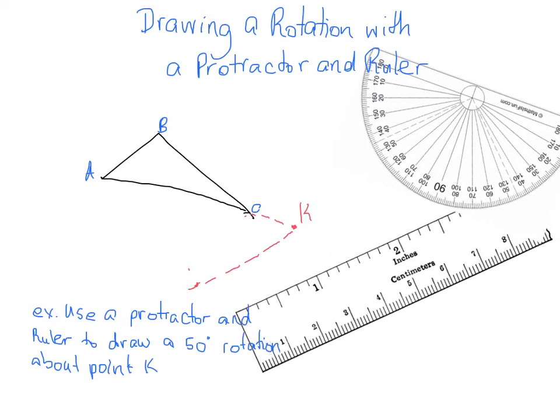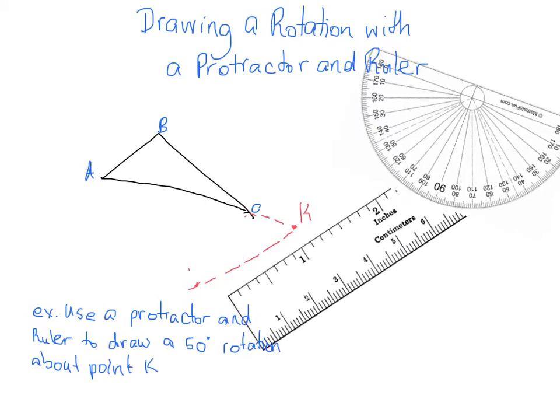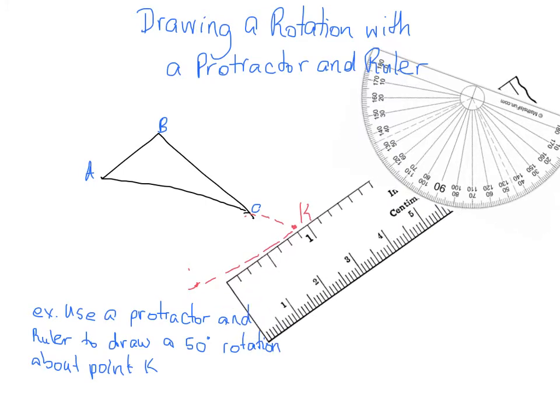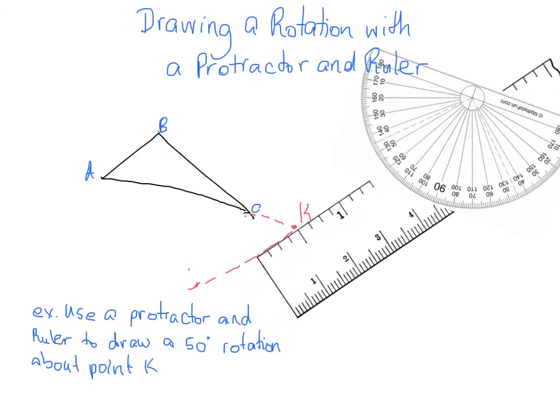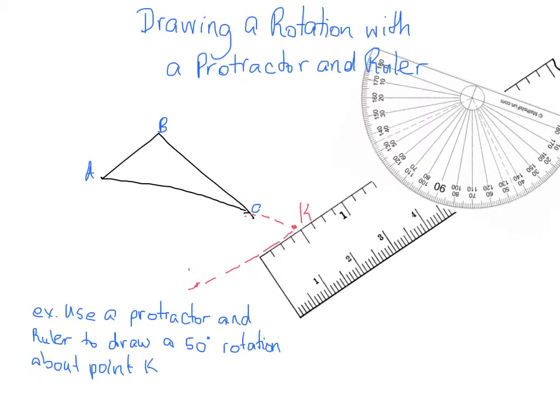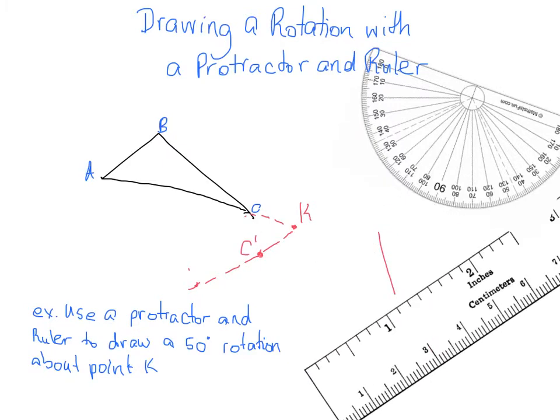Oh, it's definitely changing size. Okay, I think it got a little smaller. Okay, cool. So the half an inch goes about right here. Let's mark that down. About here. And so our C prime is right there.